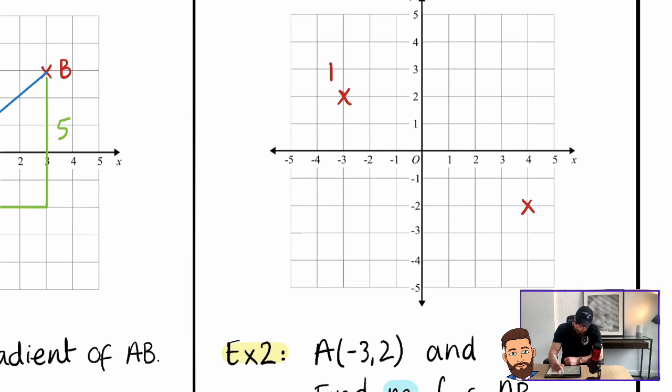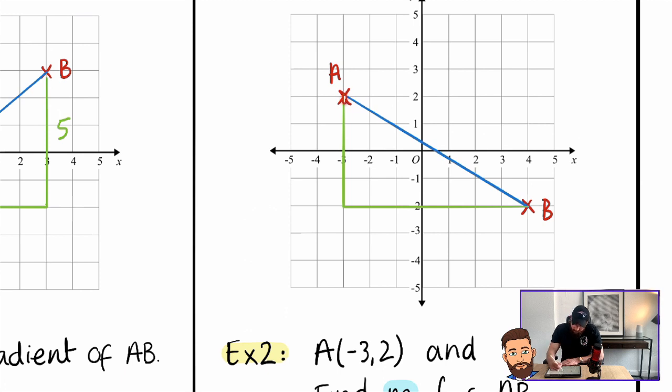And if we label them A and B, because that's the labels we were given in the example, we can now connect these two with a straight line and do the same process that we learned last lesson. We're going to find out how many across it is and how many up it is to get from point A to point B. So again, check the scale. This is the same coordinate grid, so 1 square is 1 unit, which is fine.